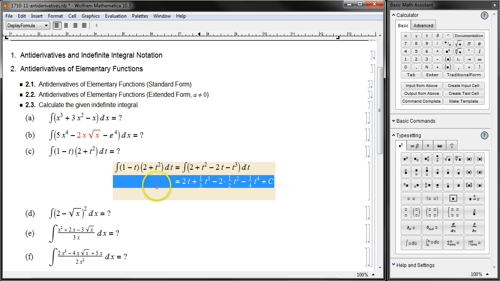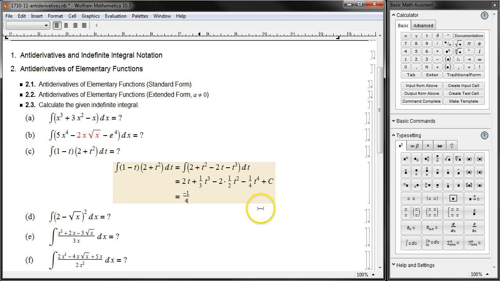But if you want to simplify this thing a little bit further, you can change this into descending order. And then plus 1/3 t cubed minus t squared plus 2t.